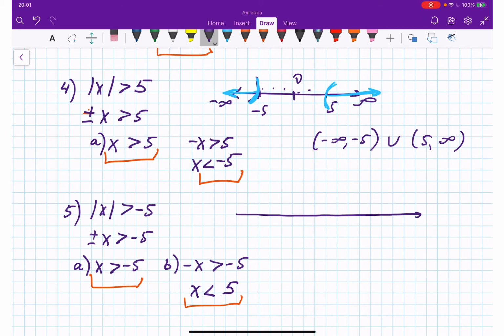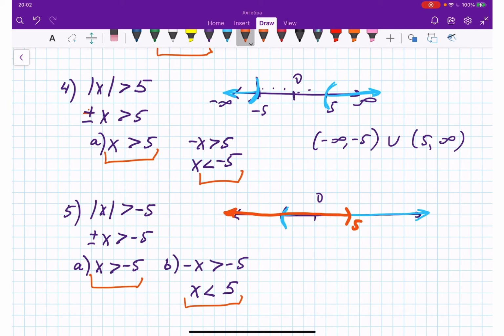We have negative infinity, positive infinity. Let's say this is 0. Okay, 1, 2, 3, greater than negative 5, which is coming this way. Yes, and the other one is less than positive 5. 1, 2, 3. This is positive 5, which is coming this way.